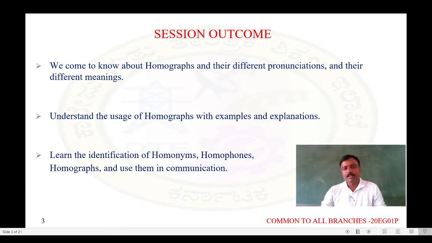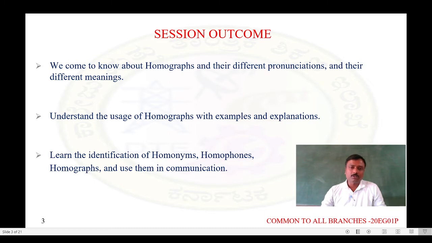In subsequent slides, we are going to use some examples to understand these three words and know their explanations. The overall outcome of this session will be the identification of homonyms, homophones, and homographs, and using them in communication. So these are all about session outcomes.